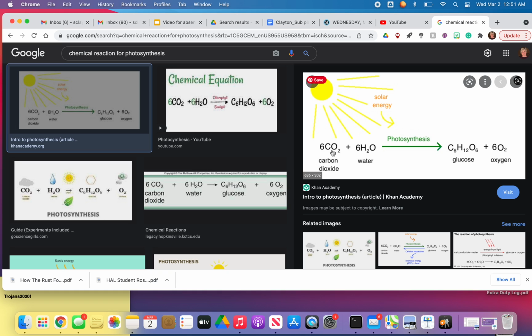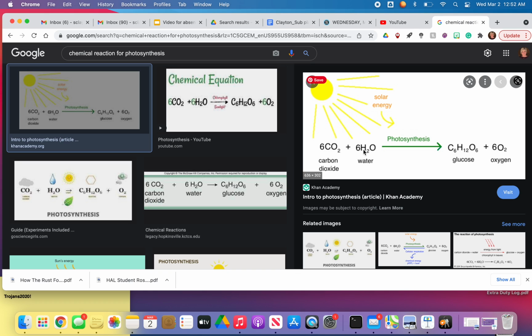What that means is in 6 molecules of carbon dioxide, I'm going to have 6 carbons and 12 oxygens because 6 times 2, O2, is 12. And I'm going to have 6 molecules of H2O. That means I have 12 hydrogens and I have 6 oxygen. So when I come over here, I need to make sure that my 6 carbon that are here, there it is right there.